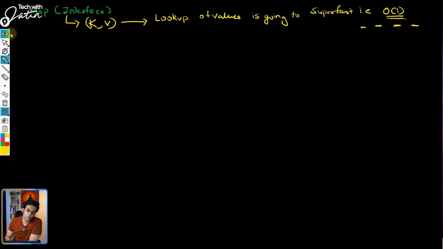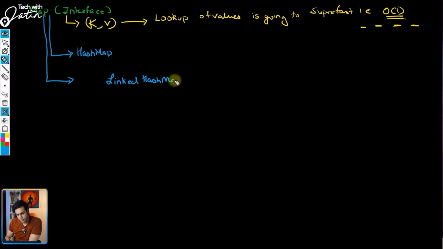Now, there are going to be three prominent classes in your map. One is going to be your HashMap. The second one is going to be LinkedHashMap, which is nothing more than the child class of your HashMap.